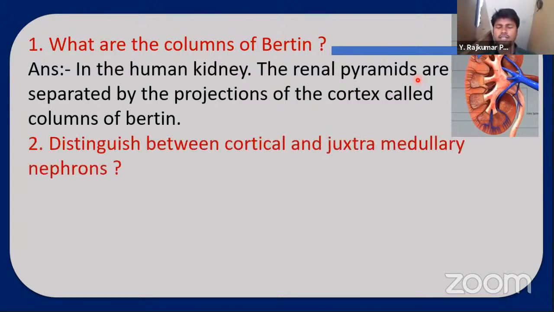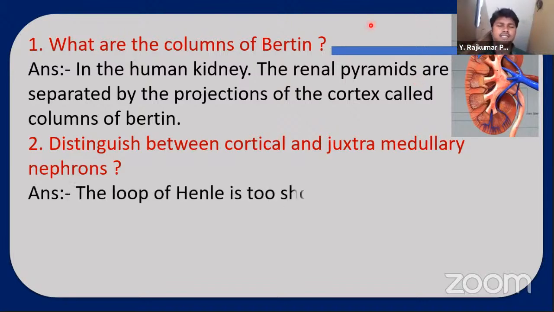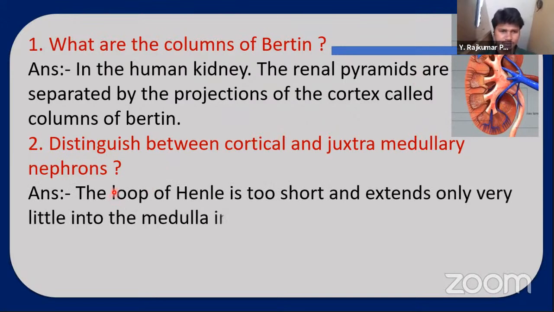Okay. Let's see the second question. Distinguish between cortical and juxtamedullary nephrons. Cortical nephrons, the name itself says that cortical nephrons exist in the cortex region of the kidney. Juxtamedullary, the name itself says these nephrons extend to the medullary region of the kidney. Let's see the answer now.